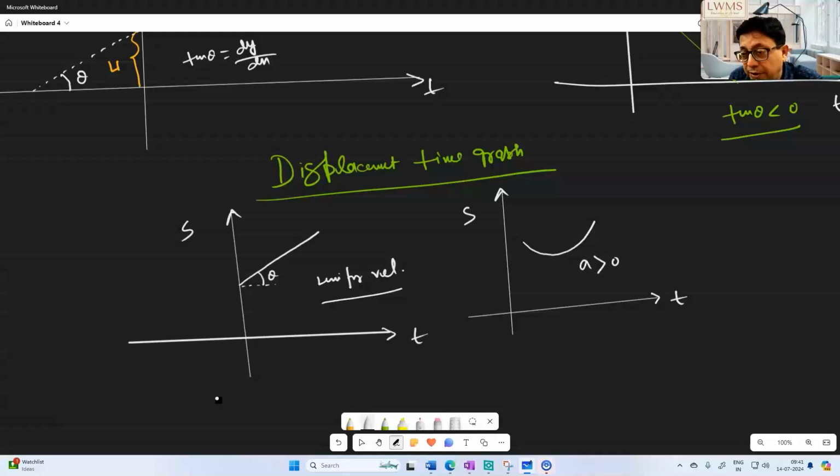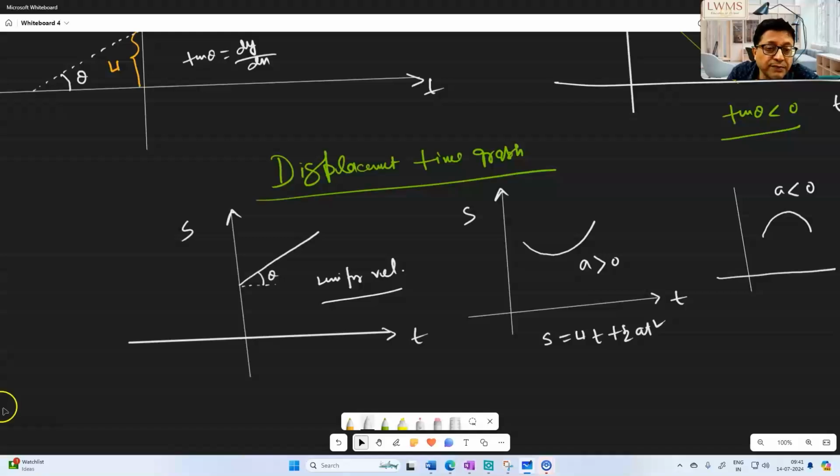And when acceleration is less than 0, the graph will be opening downward. You know it is represented by the equation s is equal to ut plus half at square, in both cases. For a greater than 0, this is the graph. For a less than 0, this is the graph.